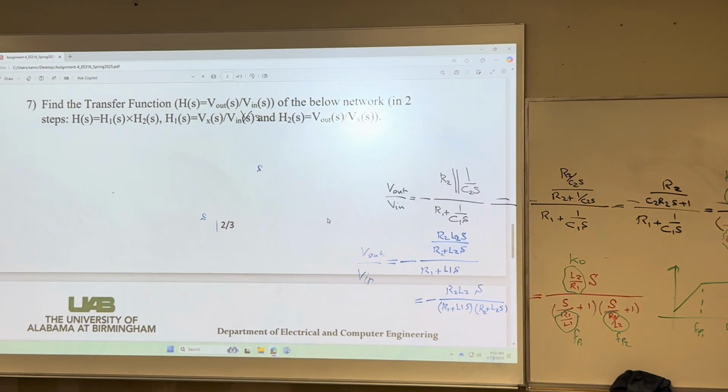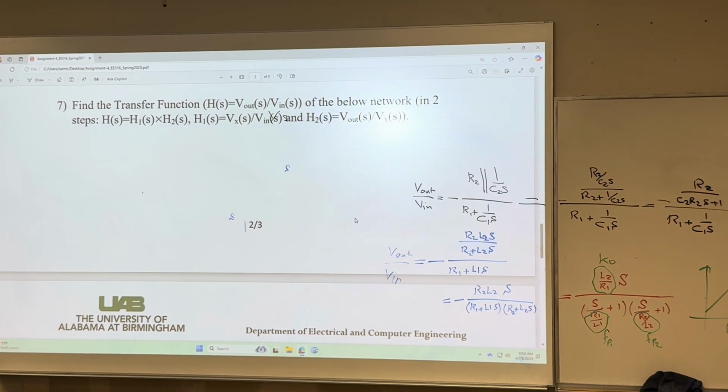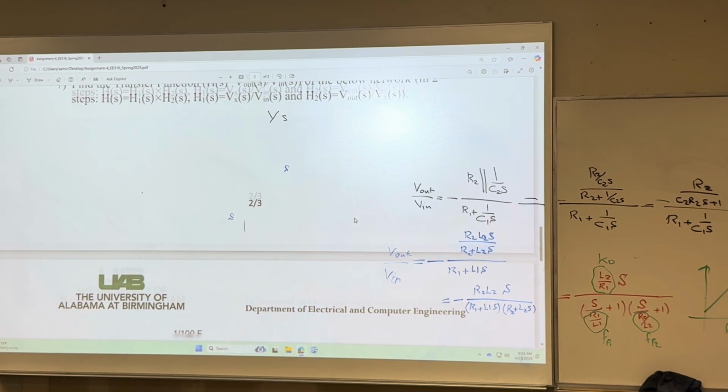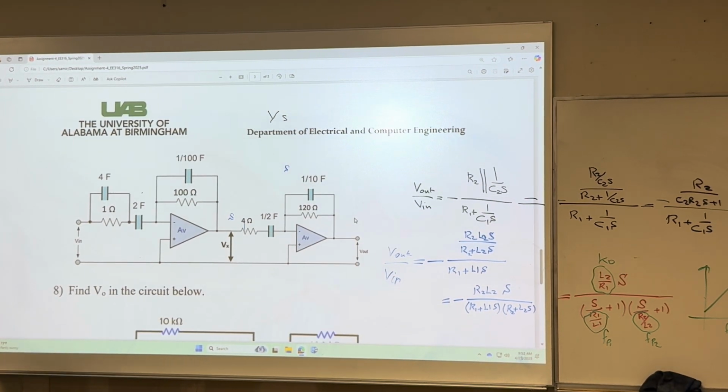Find the transfer function Vout over Vin, and that's it. Transfer function.